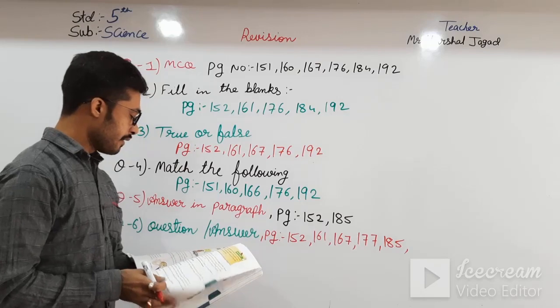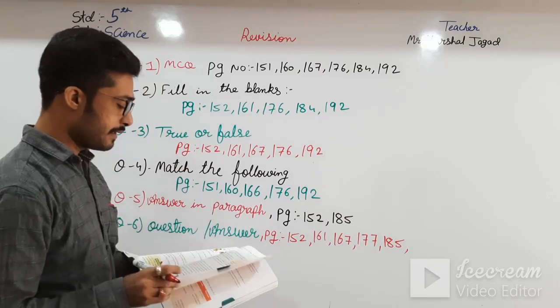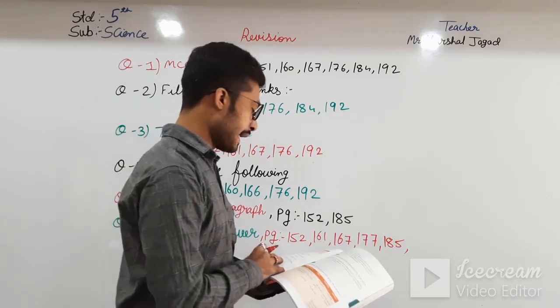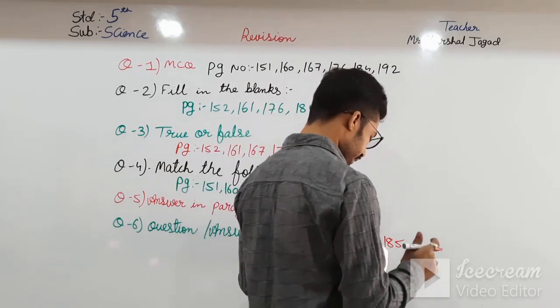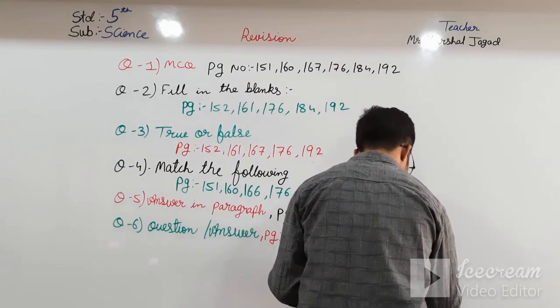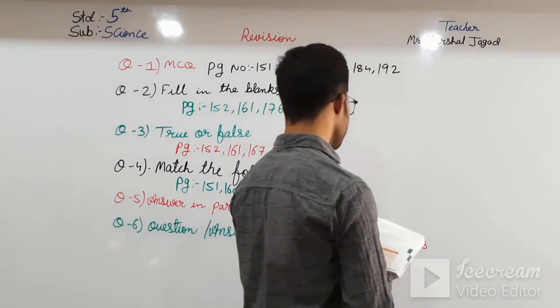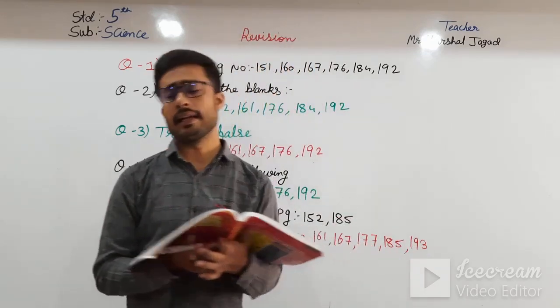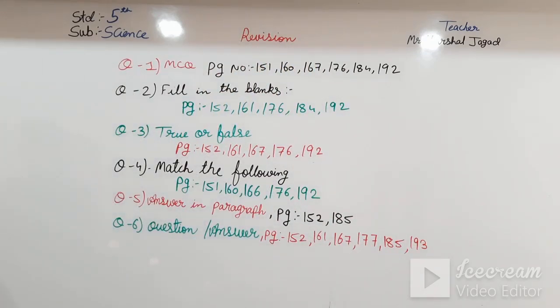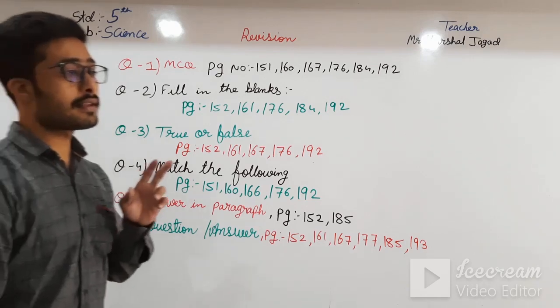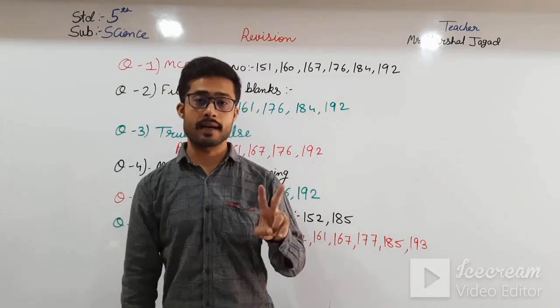And lesson number 6, that is diseases, from that it is at page number 193. Okay students, so first of all let me explain this. Here question answers are of 2 marks, students.